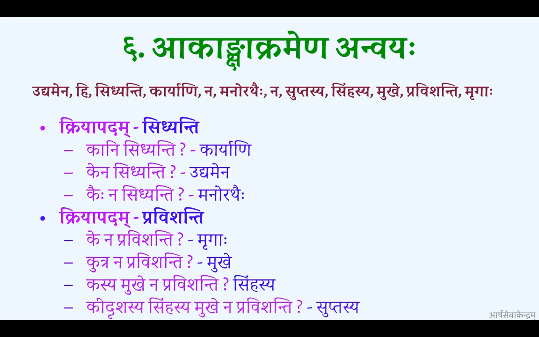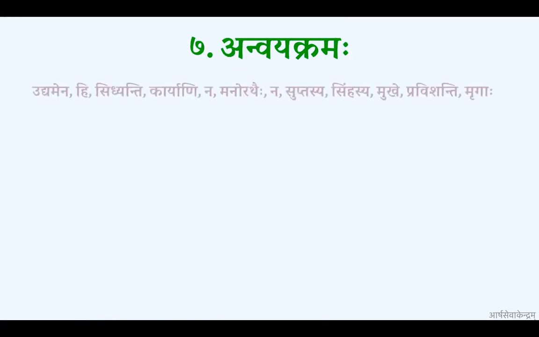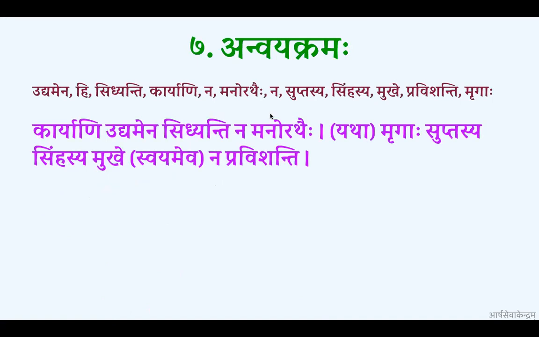Uttama. So now that we have asked all the questions and got all the responses, we can arrange these different words in an order that makes sense to us. It is just rearranging the existing words, not adding any new words.